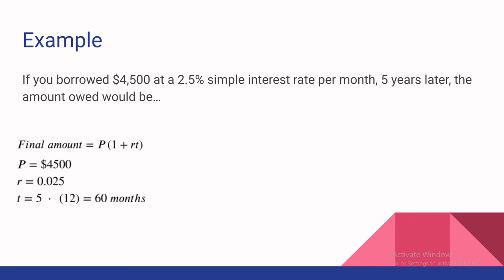And we have our time is equal to 5 times 12, since there are 12 months per year. And this brings us to 60 months. Note that we have to convert it to months since the interest rate is per month. So plugging all these in, we get 4,500 times 1 plus 0.025 times 60, and this brings us to 11,250.